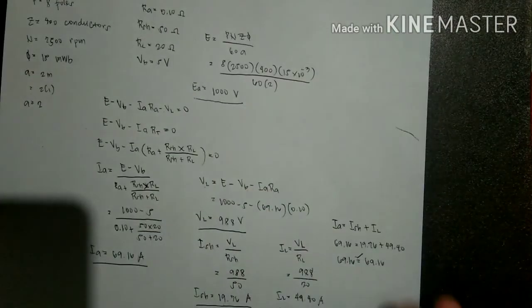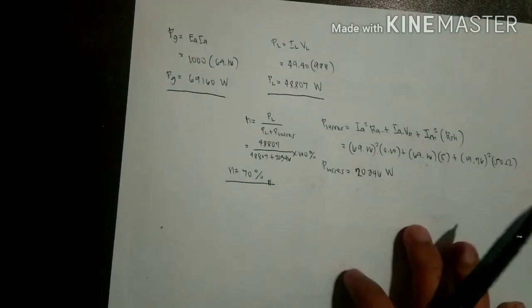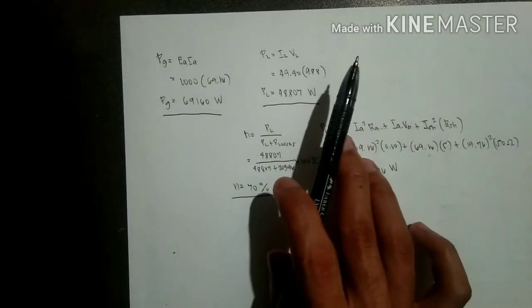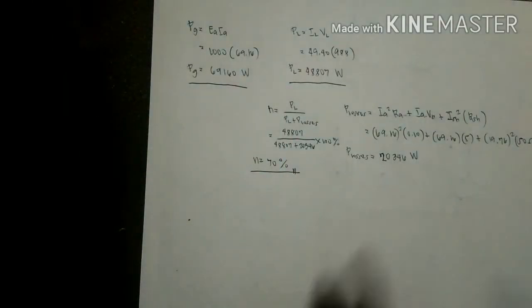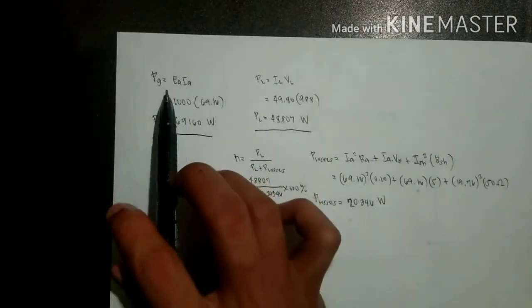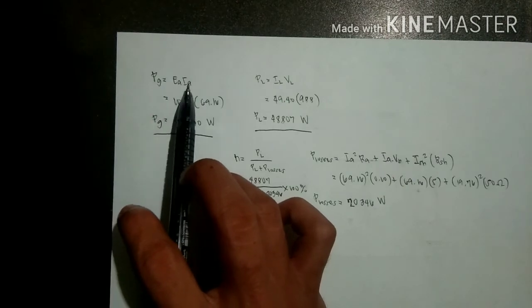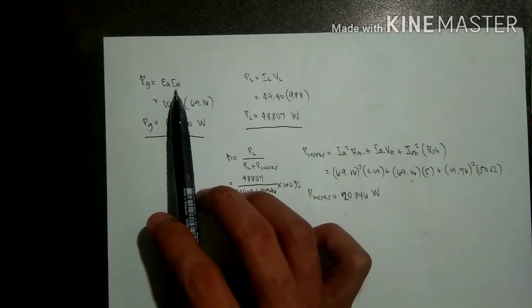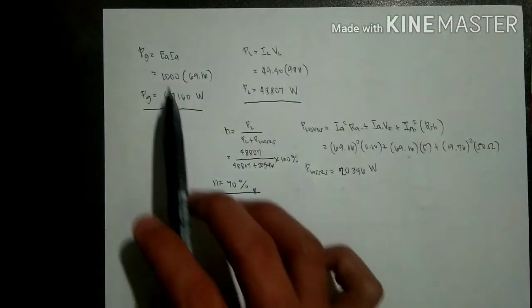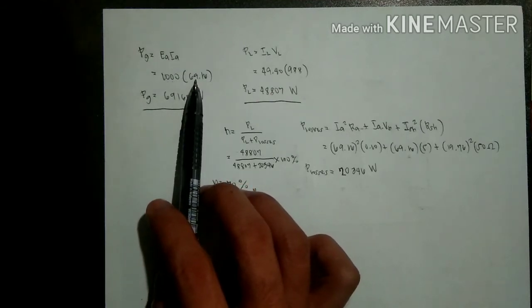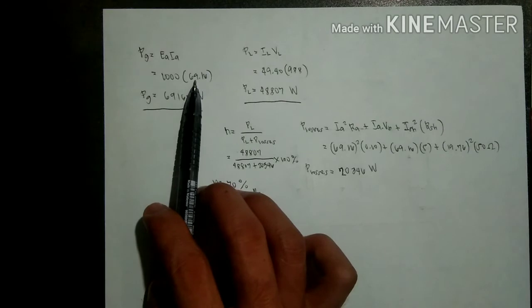After checking, we can now find our power generated in the armature. To find the power generated, we use the formula E times IA, the generated EMF times the armature current. We have 1000 EMF times the armature current, which is 69.16.